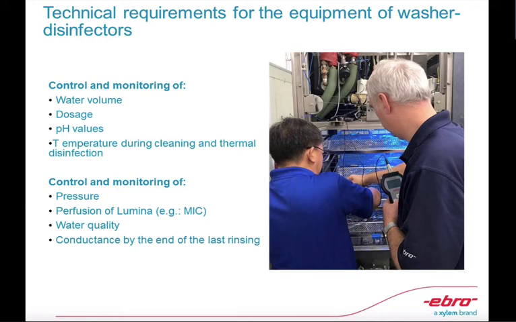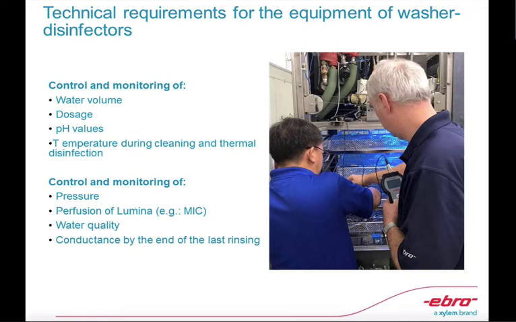Then we go to control and monitoring of the water volume, the dosage, the pH values, the temperature during cleaning and thermal disinfection, and the controls for pressure, perfusion, quality of water, and the specific conductance by the end of the last rinsing.